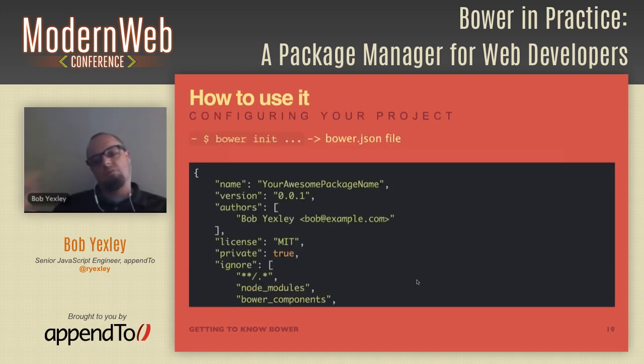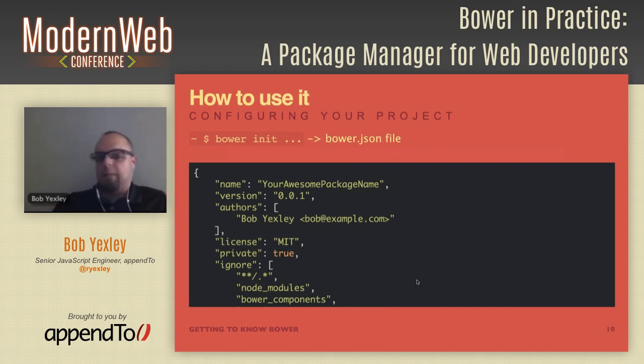Configuring your project is really, really simple. I debated whether or not to even add a slide here for creating your own bower.json file manually, but running Bower init is so simple that it just didn't even make sense to talk about creating it manually. I've done that before, and you can do it.